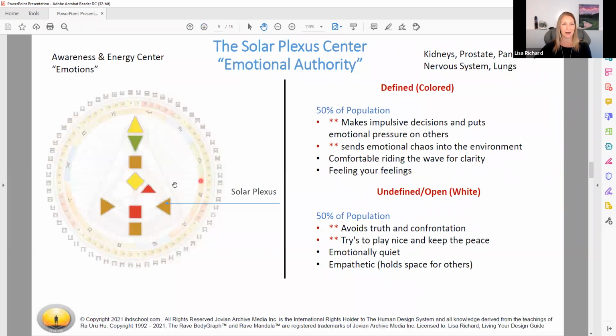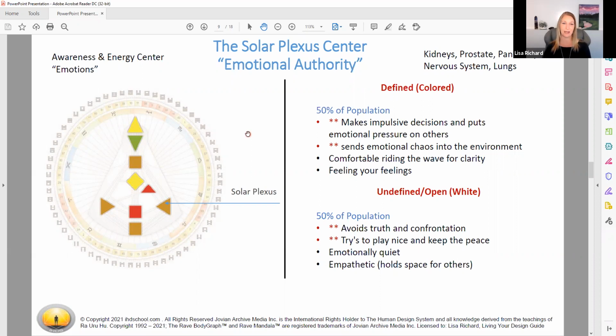So we're going to start right off the bat by jumping into the solar plexus that is down near the bottom of your chart. And this is an awareness center. This is emotional awareness, emotional energy, and there is so much of it out in the world. There is so much within our own bodies. Half the population has it colored in, half the population has it wide open.